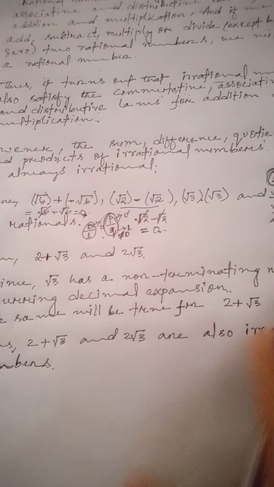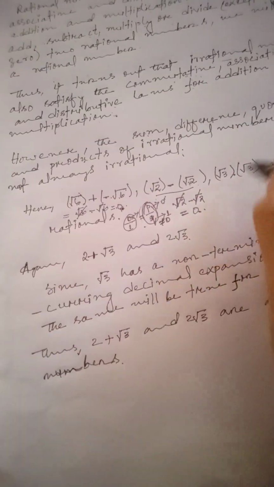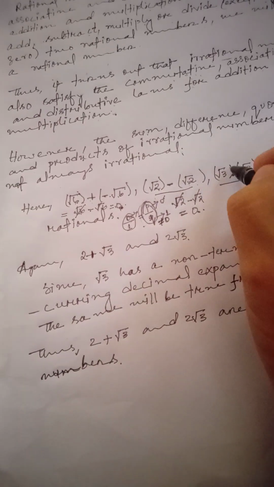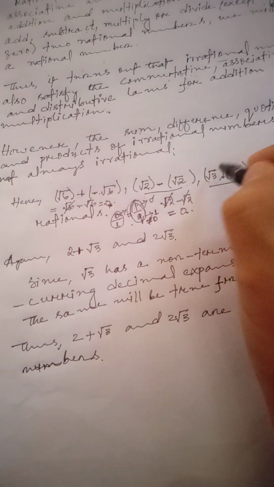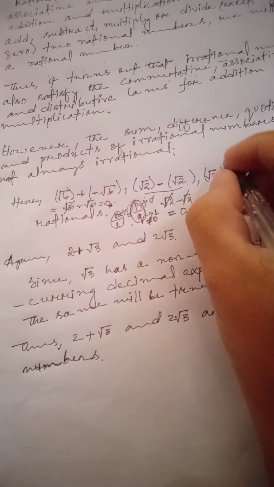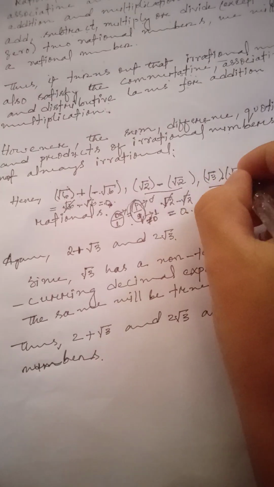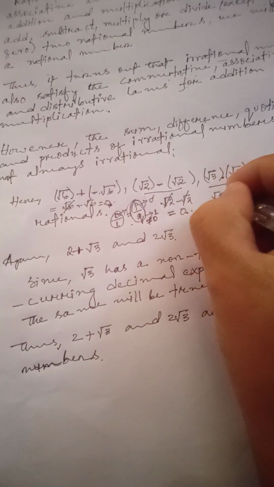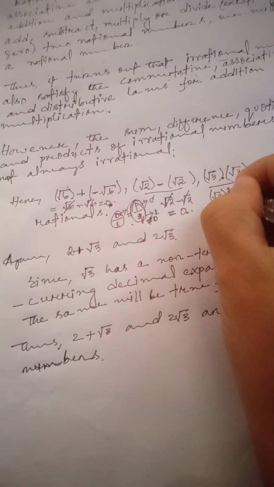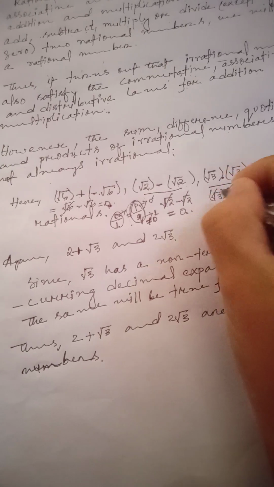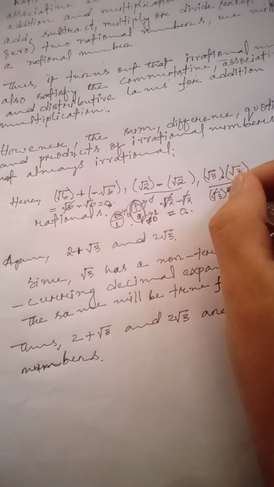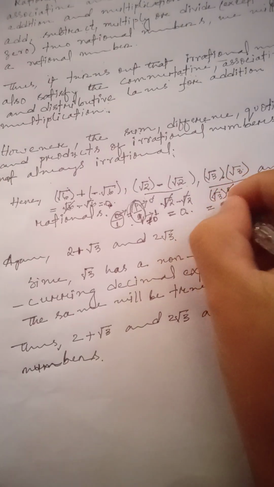Then here we have one more. What is this? This is the product. If we multiply two irrational numbers, let us take this root 3 as well as root 3. If we multiply this, then I will get a square, then a square root of 3 squared, that means the outcome will be 3.